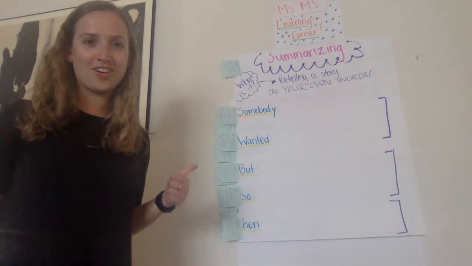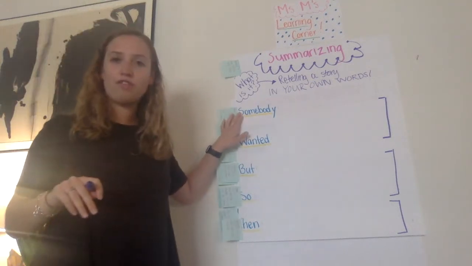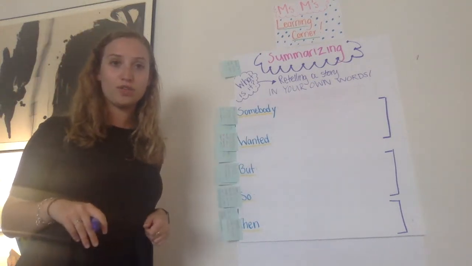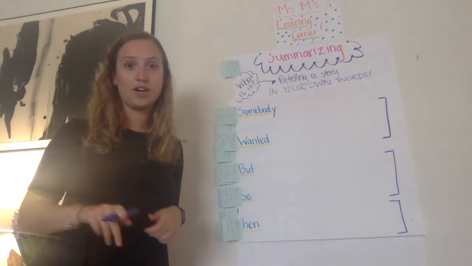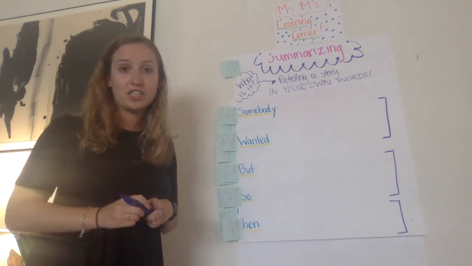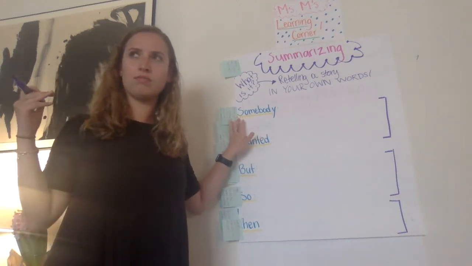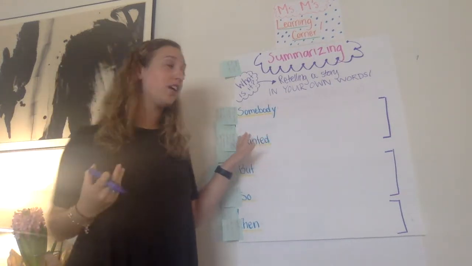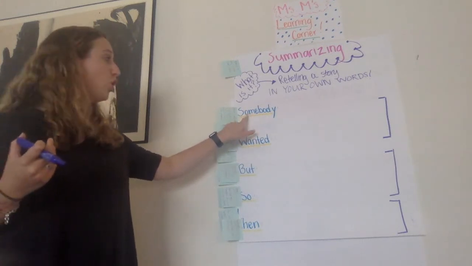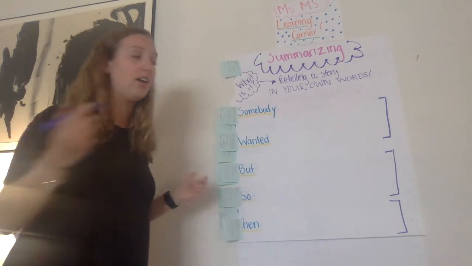All right, awesome. We're going to review 5 different sentence starters for you on how you can summarize a story that you've read. The first one we're going to take a look at is somebody. The question you're going to ask yourself is, who is the main character in my story?